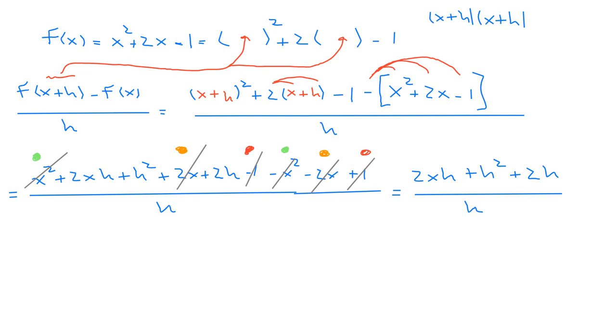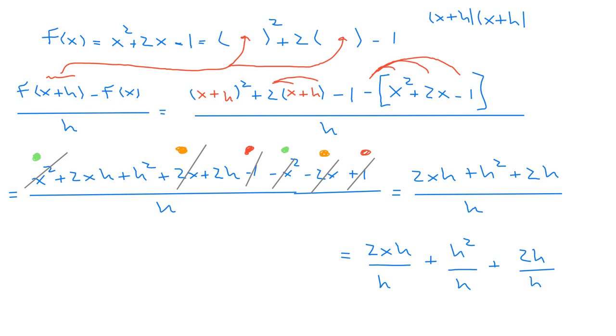The way that you'll need to think about this at this step is that when I've got all these terms up here, 2xh plus h squared plus 2h, and it's divided by h, what that means is that each of these are individually divided by h. I'd like to write that out rather than just say it to make sure that everybody knows what I mean. You see this?